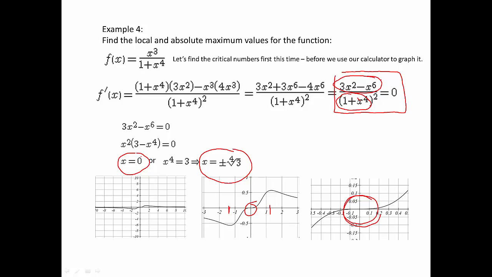But for now, we're just going to assume that zooming in is good enough and there is not a maximum or minimum there. So this is the example where you have a critical number, you have the derivative being 0, but you don't have a local or global extrema.